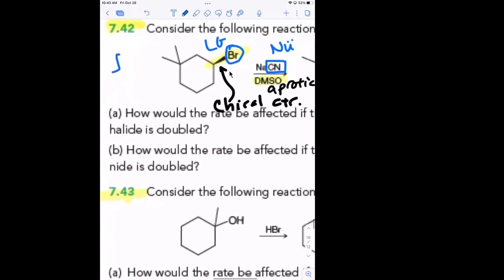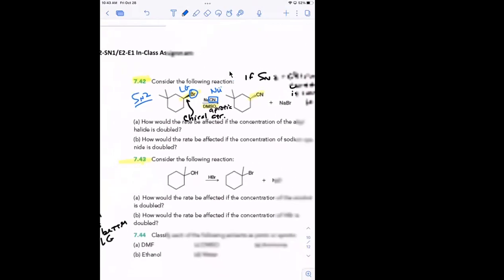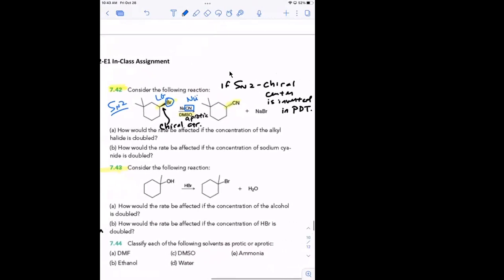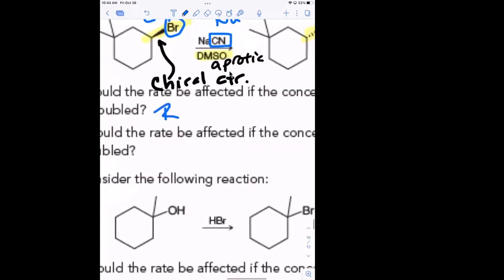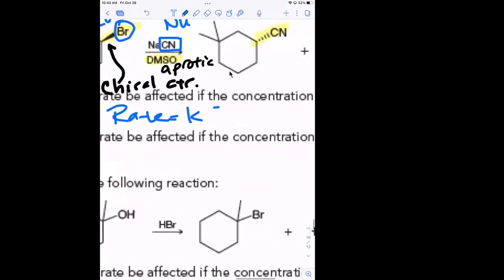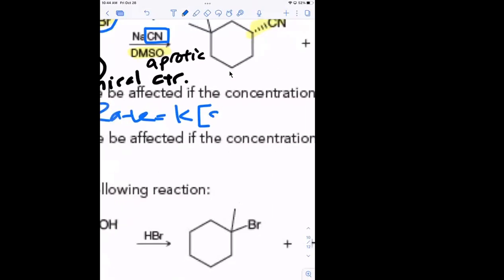We know it's SN2, so the rate law will be: rate is k times the concentration of the substrate times the concentration of the nucleophile.